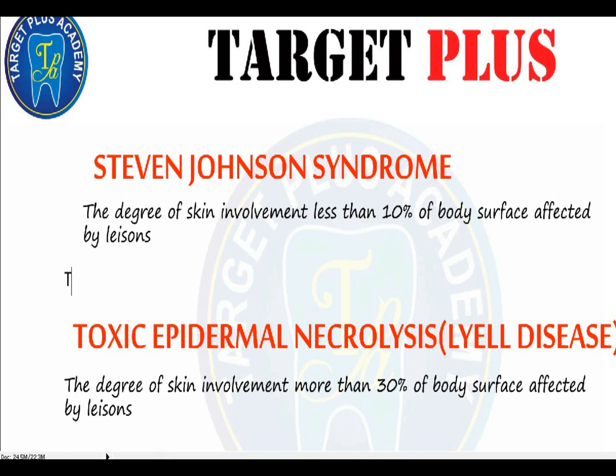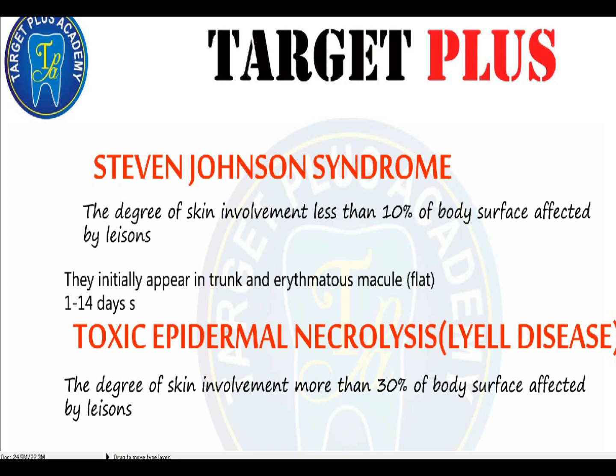But unlike erythema multiforme, the cutaneous lesions of Stevens-Johnson syndrome and toxic epidermal necrolysis initially appear on the trunk, presenting as erythematous macules that are completely flat as compared to the target lesion of erythema multiforme. Within 1 to 14 days there will be sloughing of the skin and flaccid bulla will develop. Now let us see what this bulla and this flaccid sloughing are.